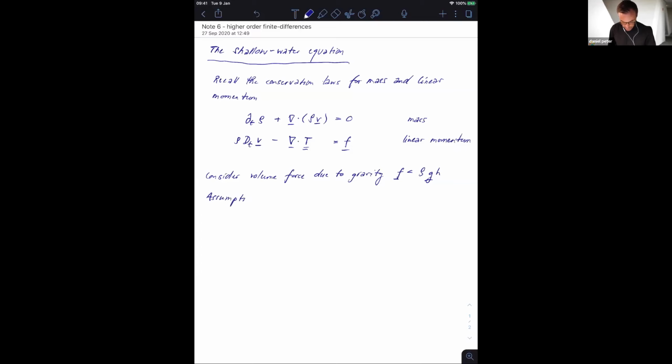So let's use these two assumptions. One is that the fluid is incompressible. And that we can write as the divergence of the velocity field is equal to 0.